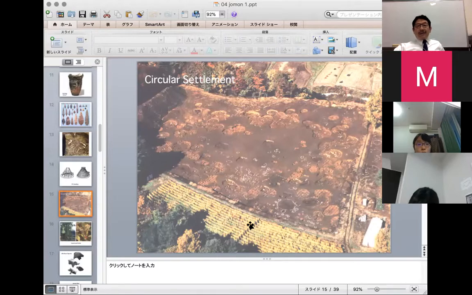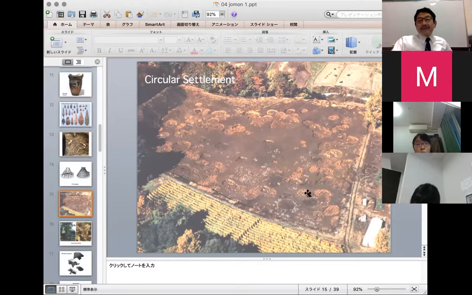And this is one of the examples of the villages of that time. You see all the depression. These are pit dwelling pits. These are houses, remnant houses in circle, formed in circle. And the diameter would be over 20 meters, 30 meters. So it's a big village.